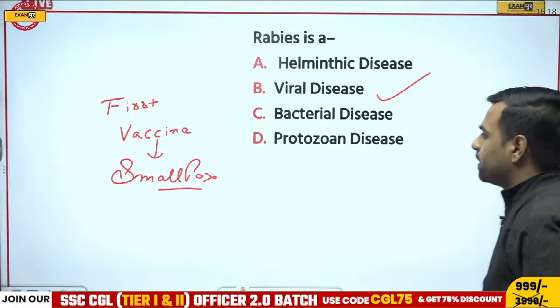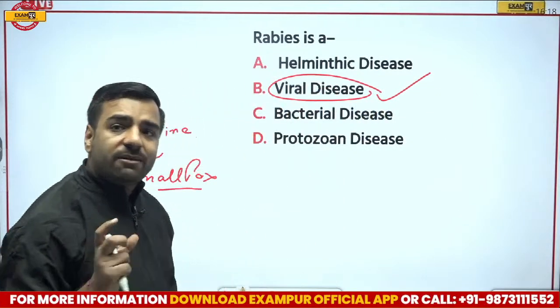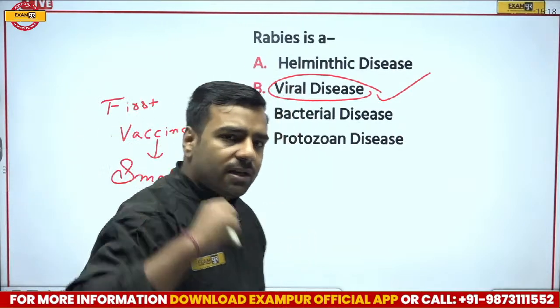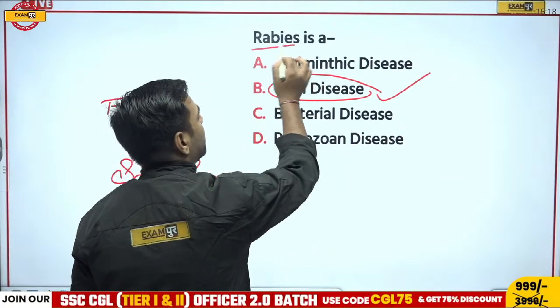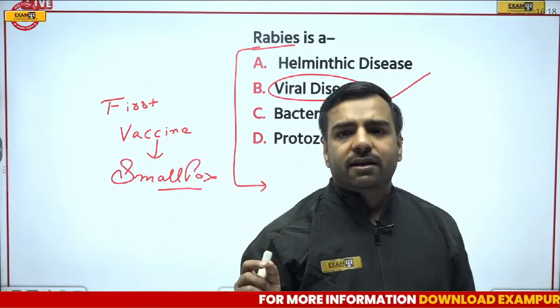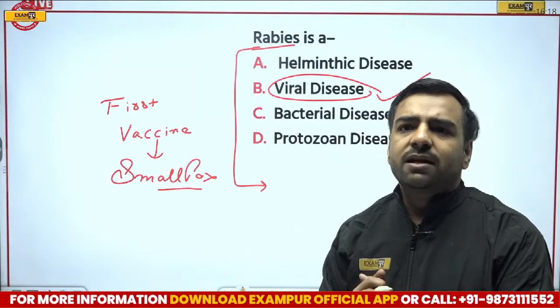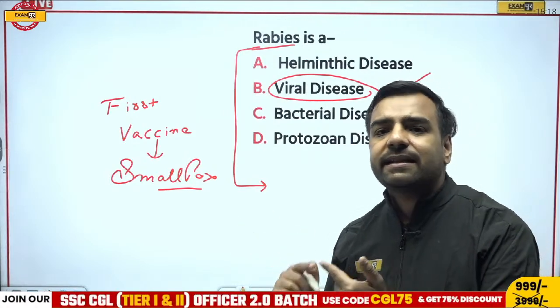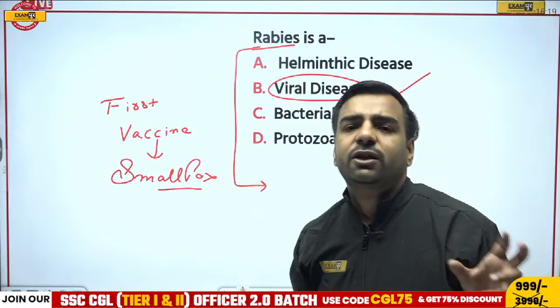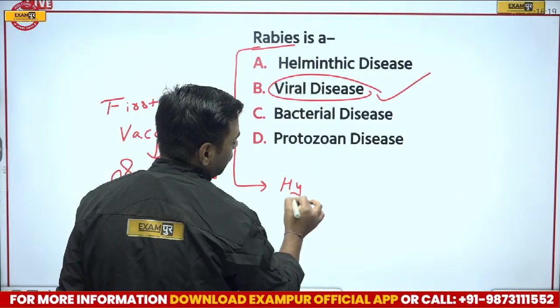Now what happens here? If rabies occurs, it may occur by biting or it may also occur by scratching. Now what is asked in the examination: if a dog has bitten and the virus which causes rabies is there, it's not the one where instant reaction will be given. Within a week or within 2 weeks, there would be an issue known as hydrophobia.